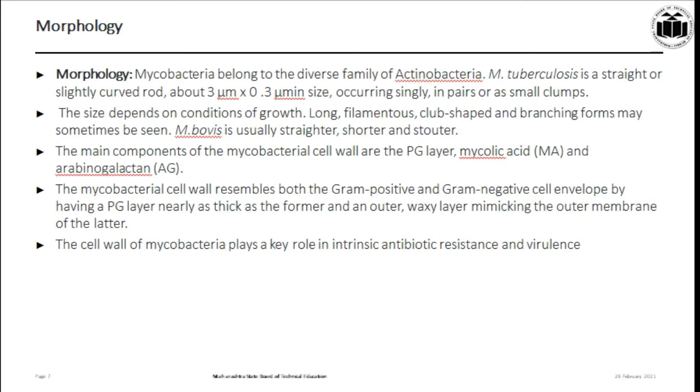Hence, it requires a specialized type of staining method where an acidic stain and method is used. Hence, this bacteria is also known as acid fast bacteria.